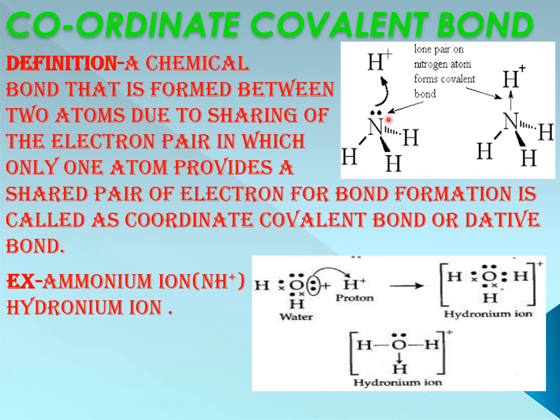In case of water, oxygen is having two lone pairs of electrons. That means one of the two atoms must have at least one lone pair of electrons, and that lone pair is provided to the other atom during the formation of the coordinate bond. Another condition is one atom should be short of at least a pair of electrons.